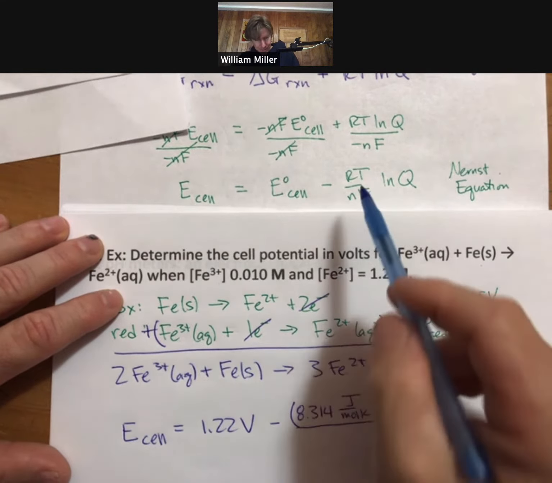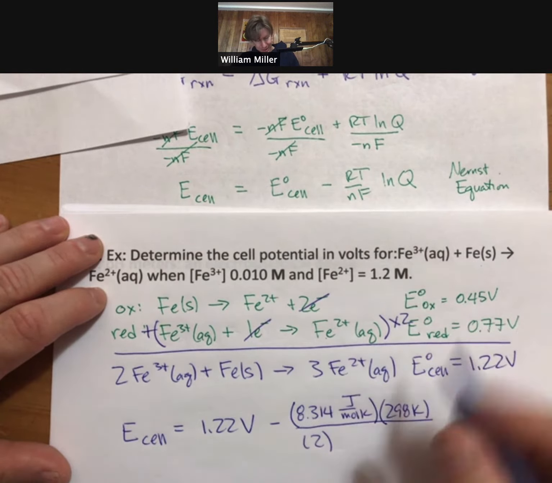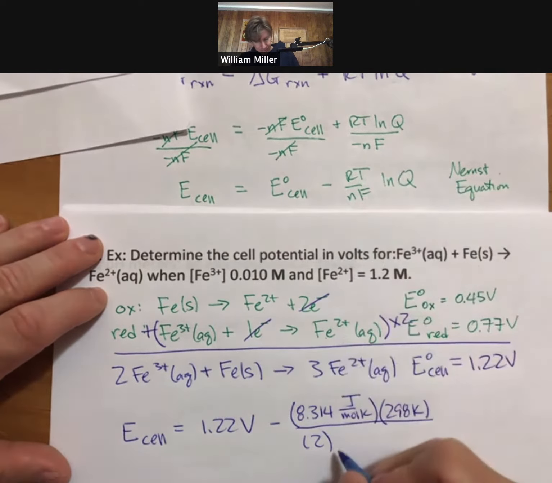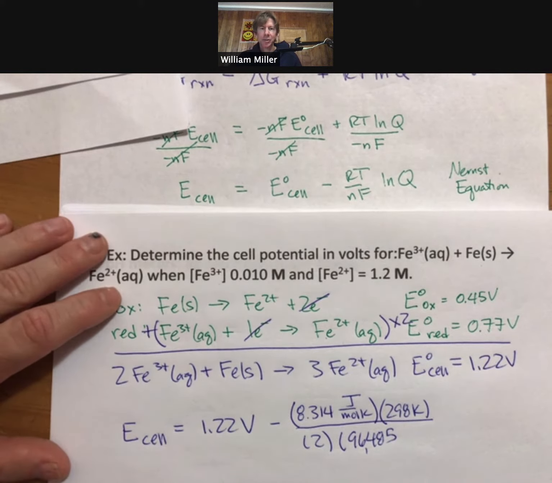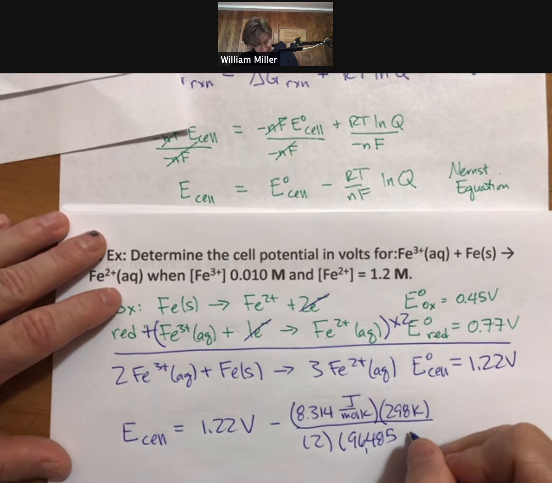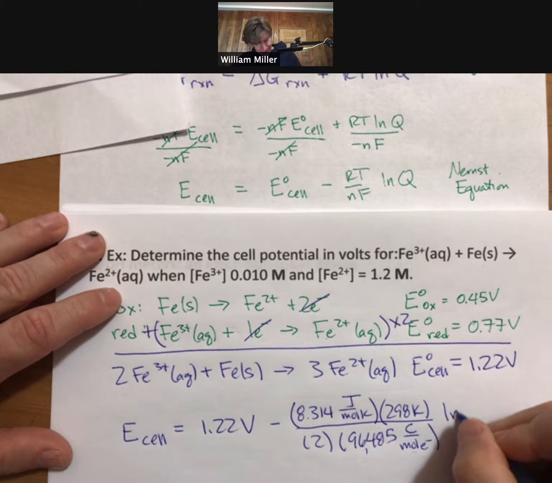N is 2 because we canceled out 2 electrons, and F is 96,485 coulombs per mole electrons. So my kelvins cancel out, my moles cancel out, and I have joules over coulombs, which will be volts.